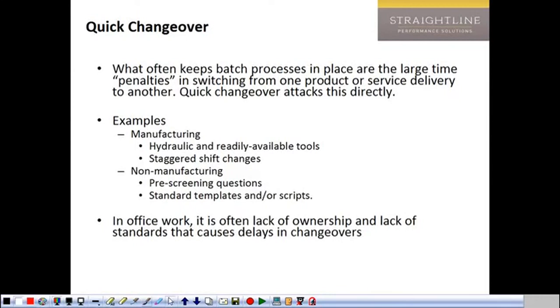In manufacturing, what this means is we don't want to move from doing one task to another by taking a lot of time in delays. So it may be we're going to start a new production batch, like if we're running one type of prosthetic limb and then we're manufacturing a different type of prosthetic limb. We don't want to have to take a long time tooling that up.